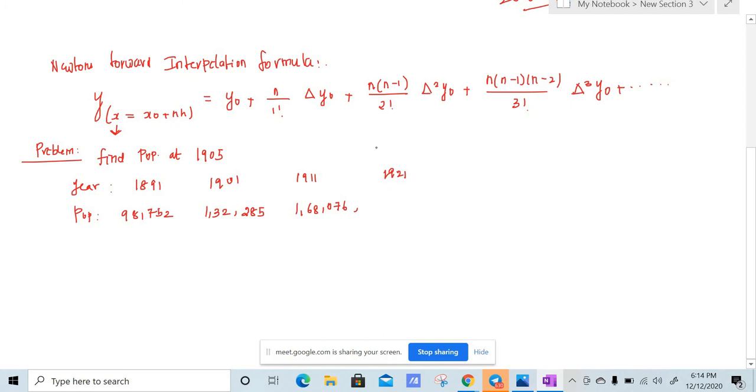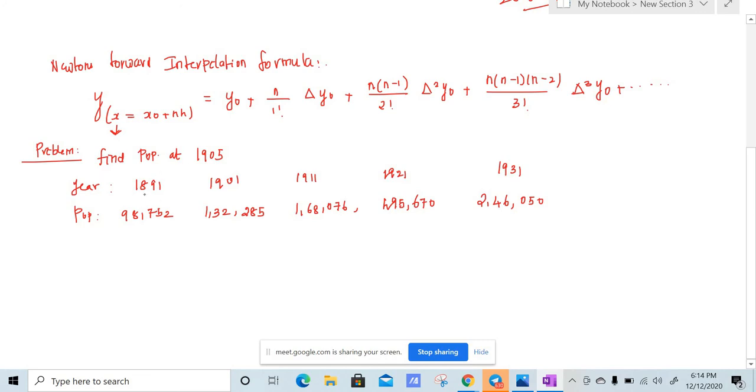So in 1921 it is 1,95,670, and in 1931 it is 2,46,050, right? So this is the question.